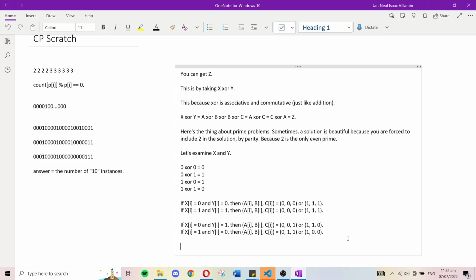Now, is it possible? Okay. So the given is that at least one of them is odd, meaning among the last bits there must be one.